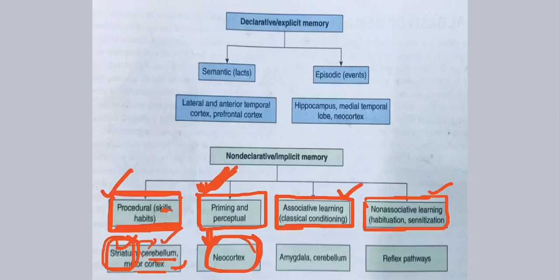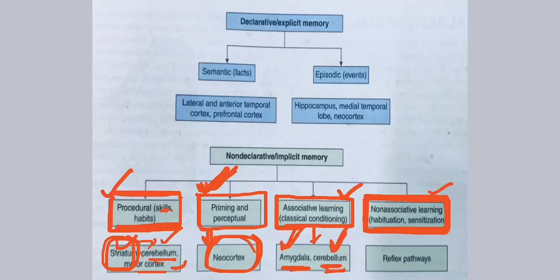Now this associative learning is dependent on amygdala and cerebellum. Amygdala is for the emotional aspect and cerebellum is for the motor performance. Okay. And this non-associative learning, like habituation and sensitization, we gave the example of this, does not need any certain area of the brain. Like I said, you will get habituated to that startle, the loud sound, if it is non-dangerous and if it keeps on repeating.